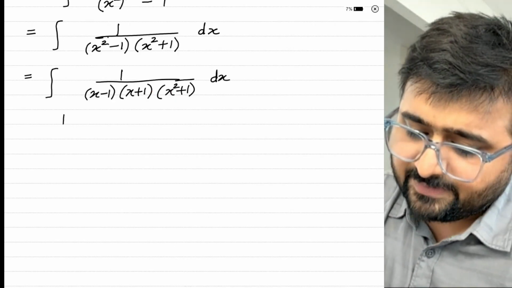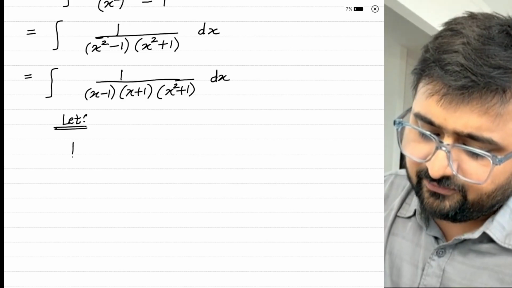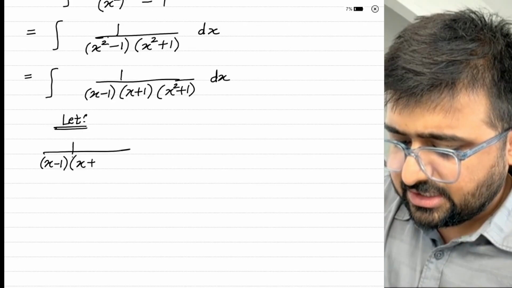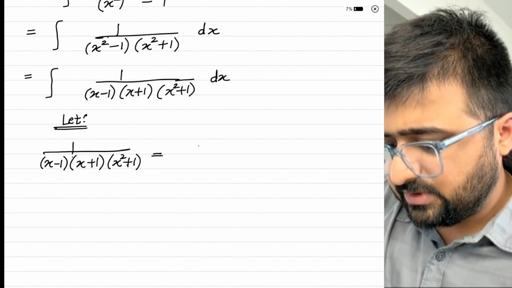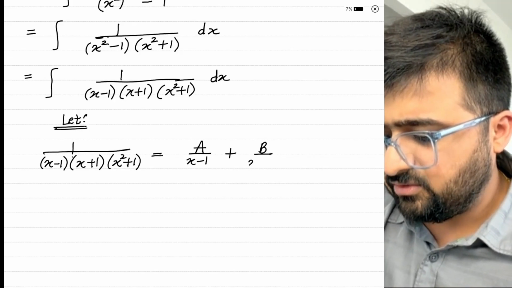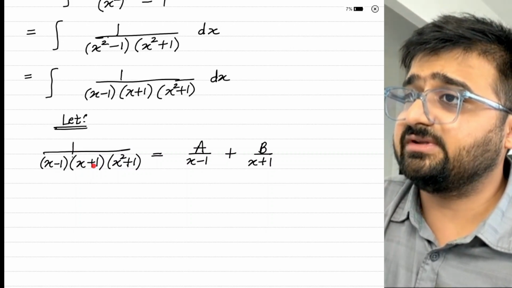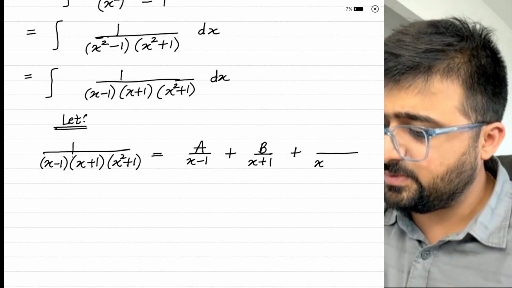In order to apply partial fractions, what you do is you say let that whole function 1 over x minus 1, x plus 1, x square plus 1 be equal to a over x minus 1 plus b over the second term x plus 1. So a over the first term, b over the second term, plus the third term is x square plus 1.